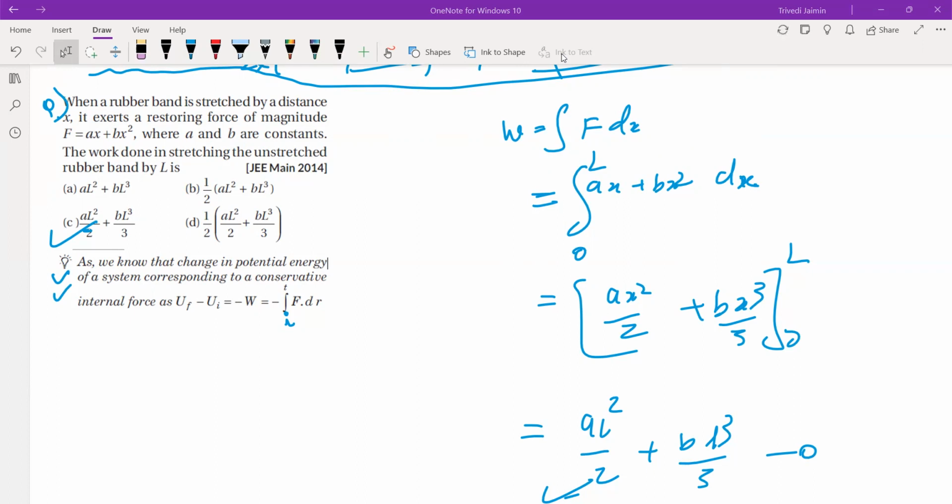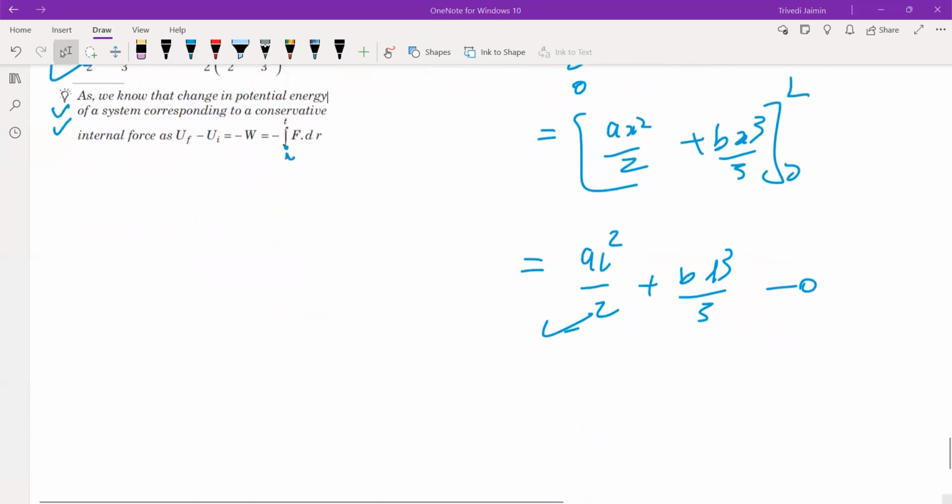You got it right? Chanakya, how about you? You got it? Okay, you can text it, okay?